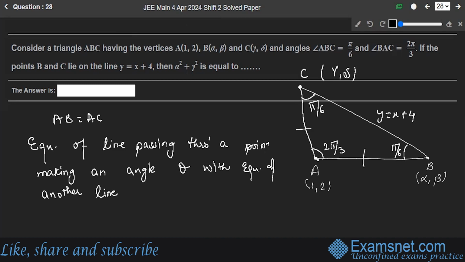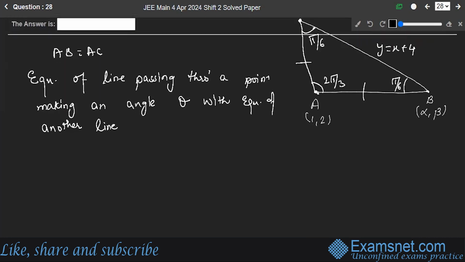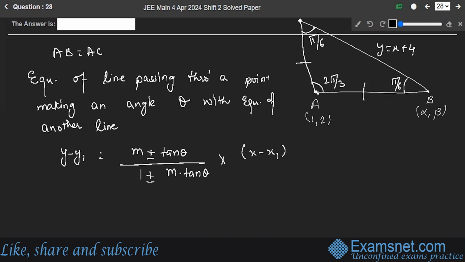Okay, so this is equal to y minus y1 is equal to m plus minus tangent of theta upon 1 minus plus m into tangent of theta, into x minus x1. So this is the equation.